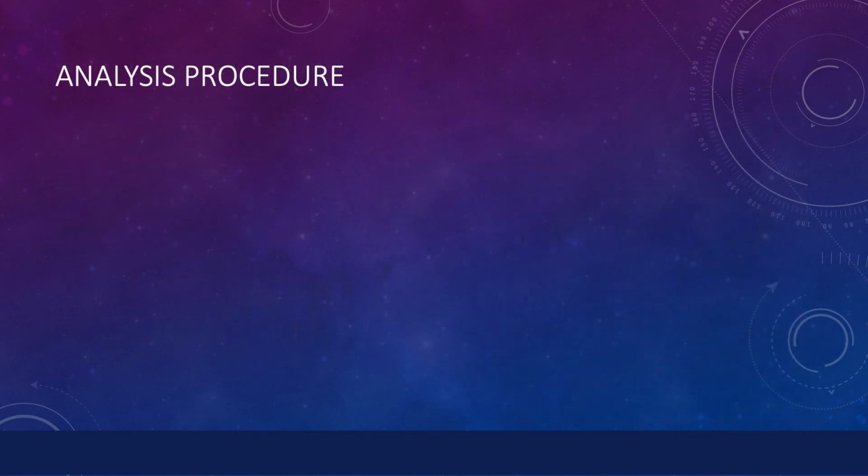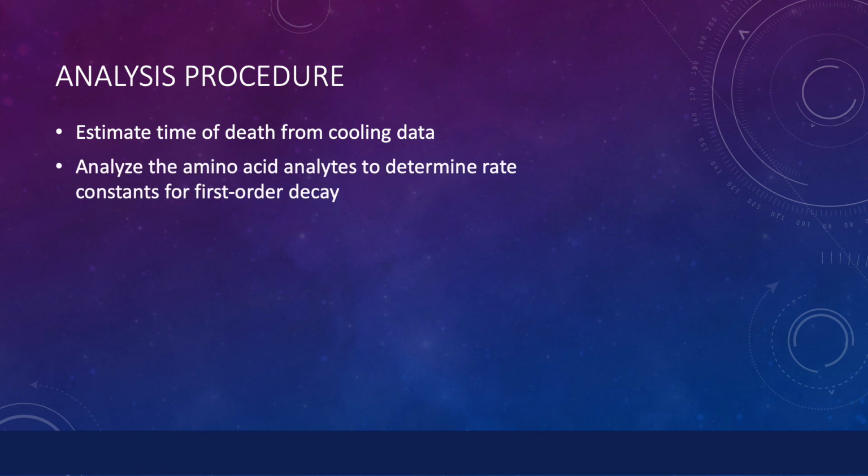As we go through the analysis procedure, the first thing you're going to do is simply use Newton's law of cooling to estimate a time of death. You're then going to analyze a bunch of amino acid analytes, and you're going to determine for each of them a rate constant for first order decay, and you should probably also calculate a half-life, because that gives you an idea of what sort of time frame is appropriate for that particular amino acid analyte.